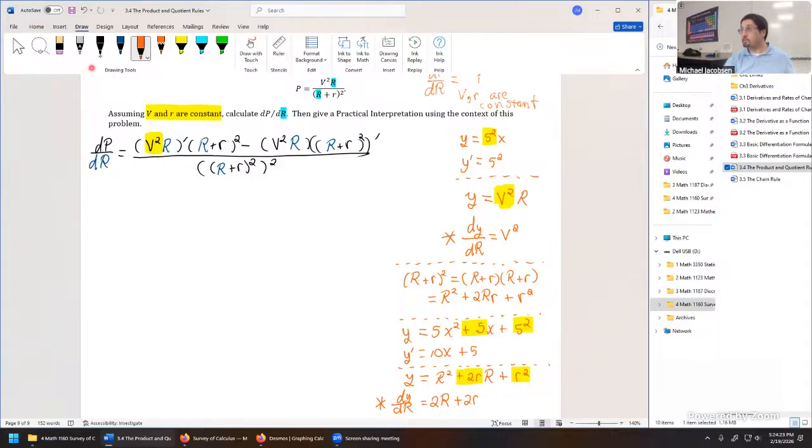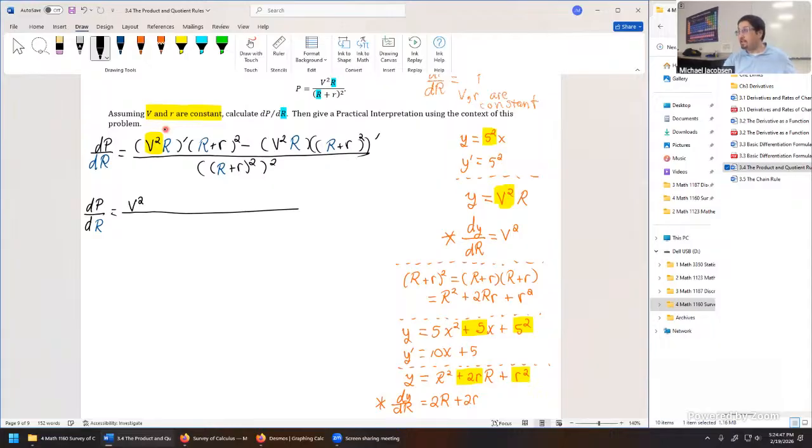Okay, let's plug them back in. The rate of change of power with respect to the only variable in the problem, the resistance, is going to be equal to, first right here, the derivative of V squared times uppercase R came out as nothing but V squared right in this spot.